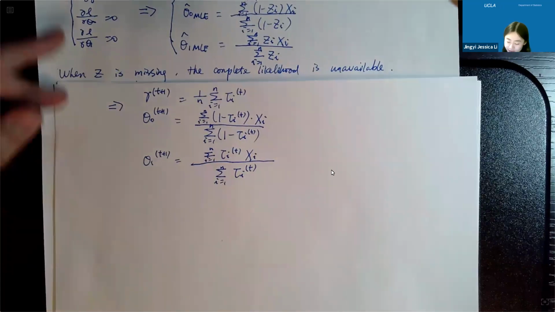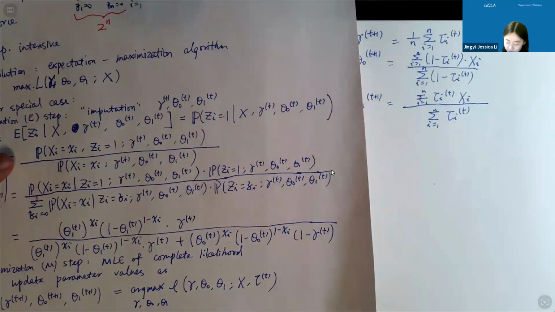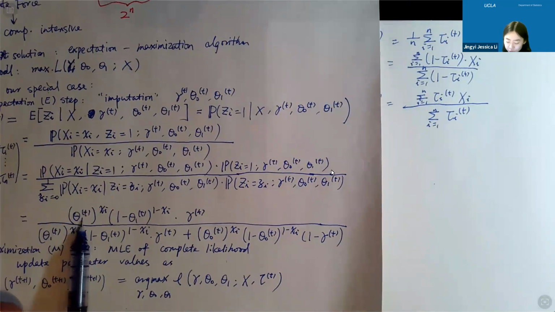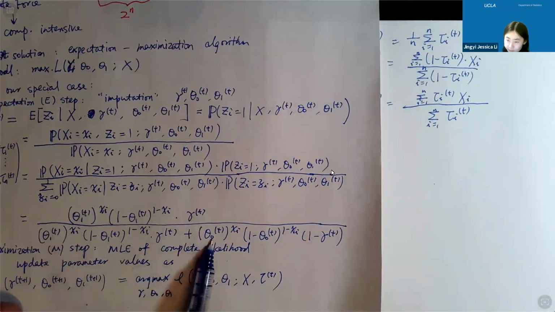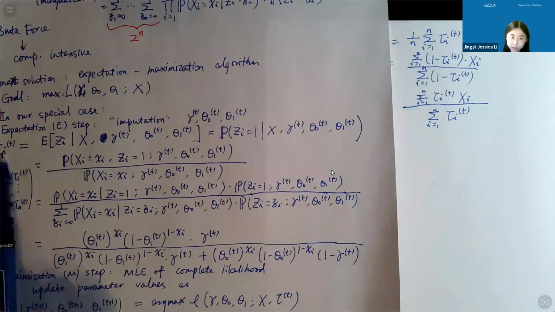Then I'm going back to the E step and use the same formula, except that I'm going to use theta 1 t plus 1, gamma t plus 1 and theta 0 t plus 1. Then I will get my tau i t plus 1.